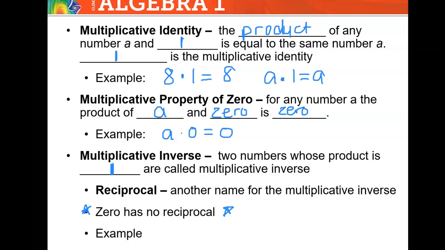So inverses would look like A and 1 over A. You could have the example 4/9. Its inverse is 9/4. If you multiply them together, you get 1.